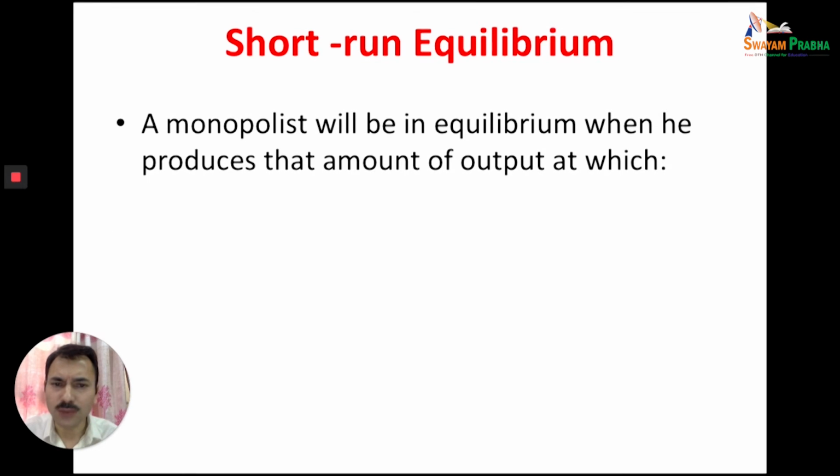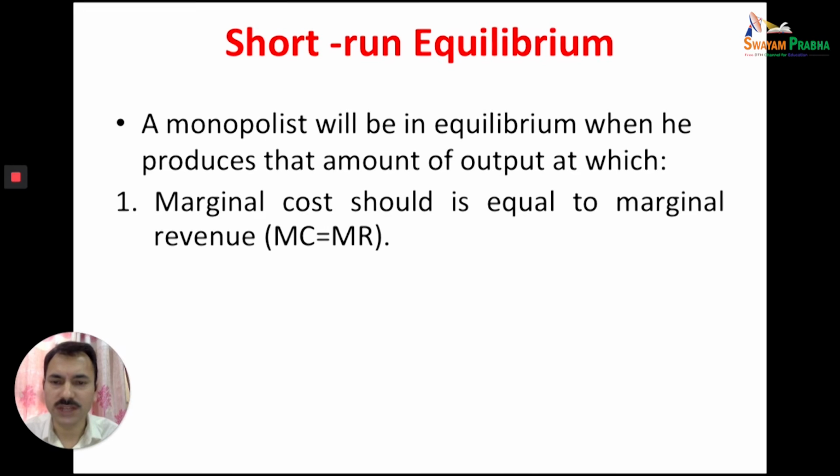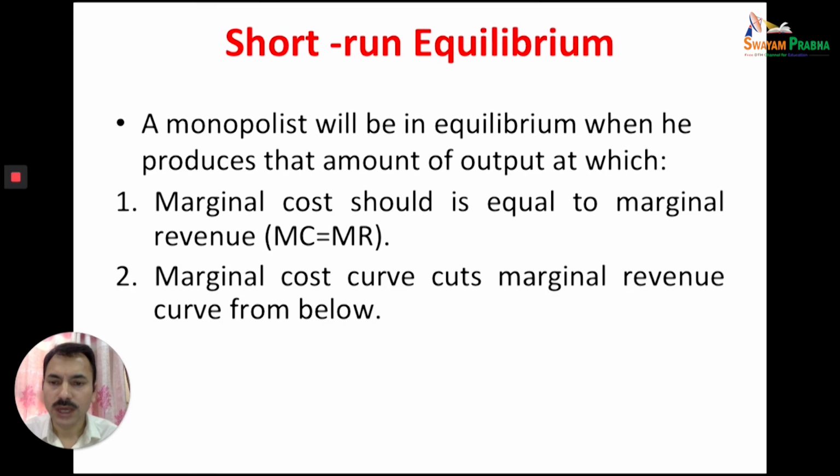A monopolist will be in equilibrium when the producer produces that amount of output at which two conditions, which I have already stated, are fulfilled. One, marginal cost should be equal to marginal revenue, and two, the marginal cost curve cuts MR from below.